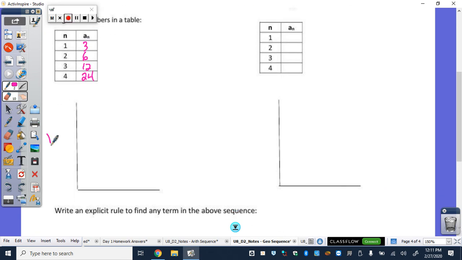If we were to graph it, your term, which is known as your a sub n, would be your y-axis. The position, or your n value, would be your x-axis. So then you would plot your points. We're just going to estimate for now.